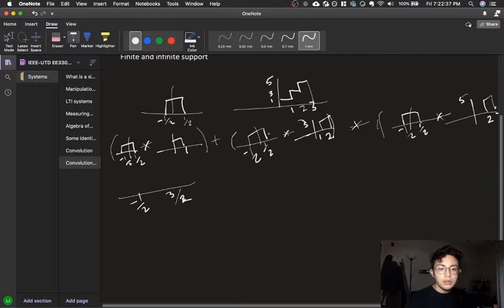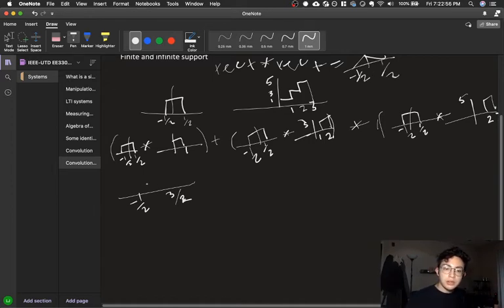I know that, so this is where that identity that two rectangles convolved with each other is going to be a triangle from the bounds from 0 to 1, -1/2 to 1/2. So we know that the area of this one is 1. We know that the area of this one is also 1.